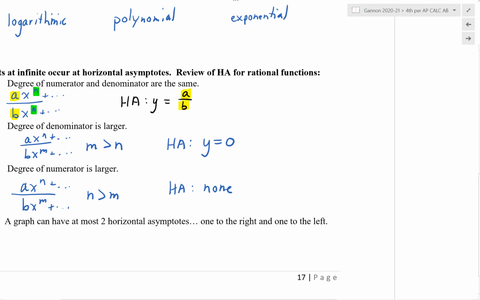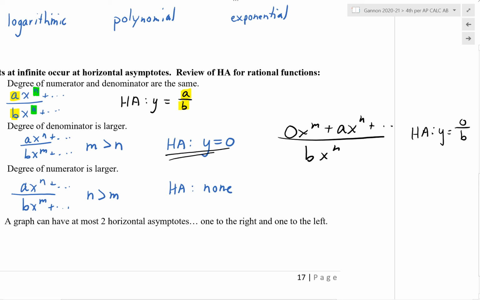In the middle example where m is greater than n, so there's a larger degree in the denominator, I can create that larger degree in the numerator by simply writing 0 x^m on top, plus a x^n over b x^m. Well, in that case, they both have a degree of m, and your horizontal asymptote is y = 0 divided by b, which has a value of 0. So that still gives you that same horizontal asymptote.